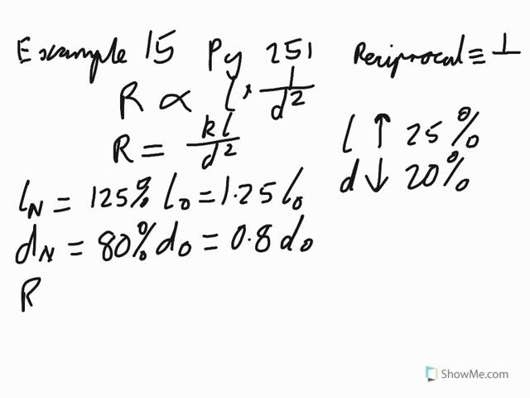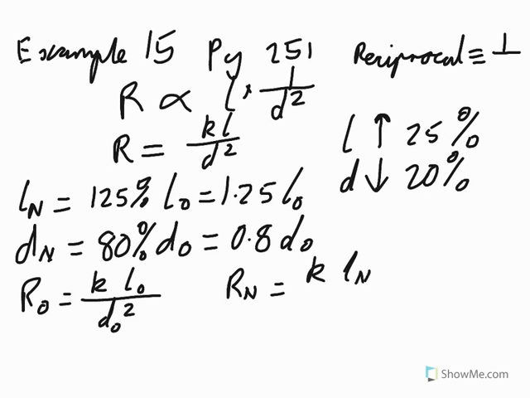So the old resistance is K old length over old diameter squared. Our new resistance is K, because that doesn't change, times the new length over the new diameter squared.